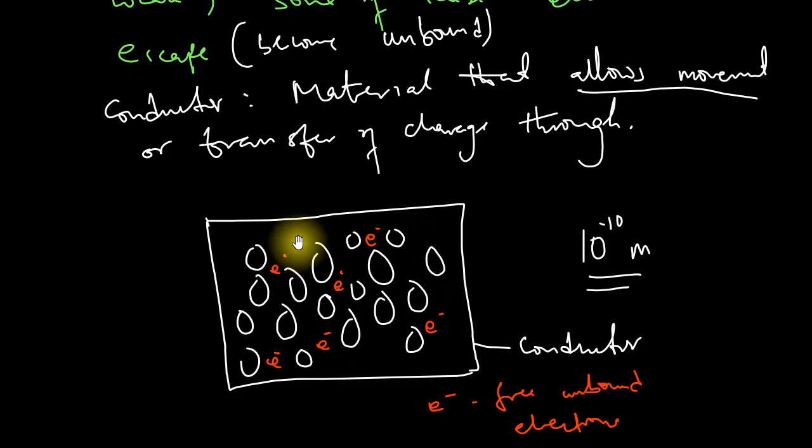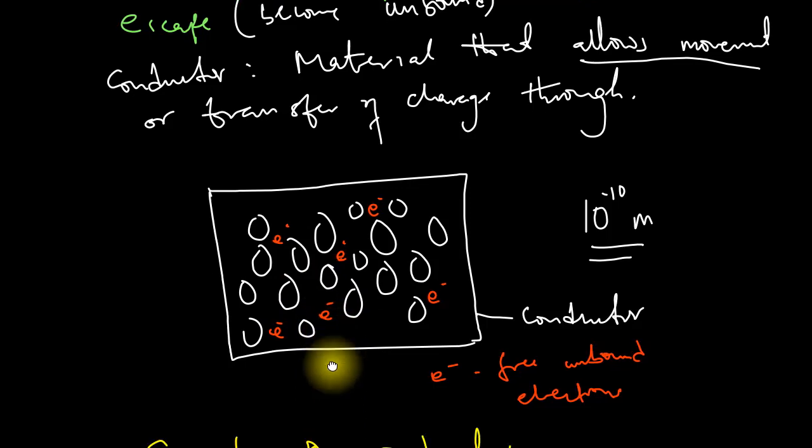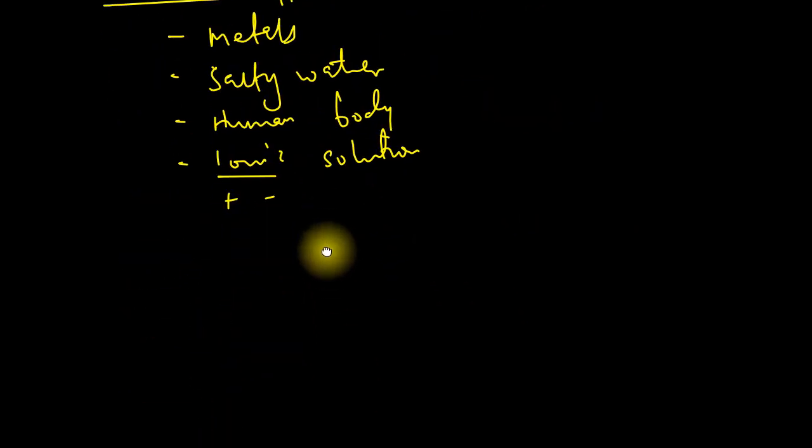And here we have an enlarged view of what it looks like inside the conductor of a material. Typically, not each of these atoms will donate an electron. About 1 in 10 of these atoms will have free electrons escaped from them, and those electrons will contribute to the conductivity of the material.